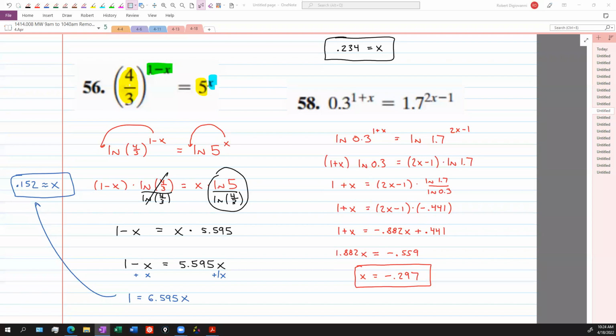Okay, now I'm sharing my screen and you can see the solution. See if you follow that. I'll give you maybe 30 seconds to look at that.